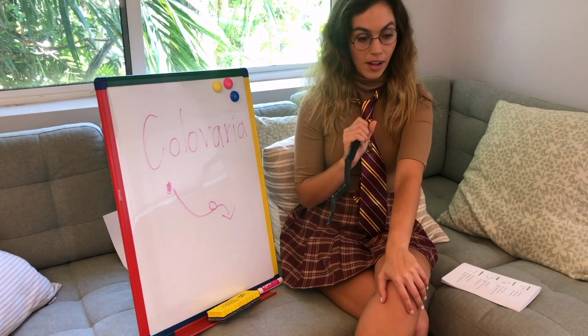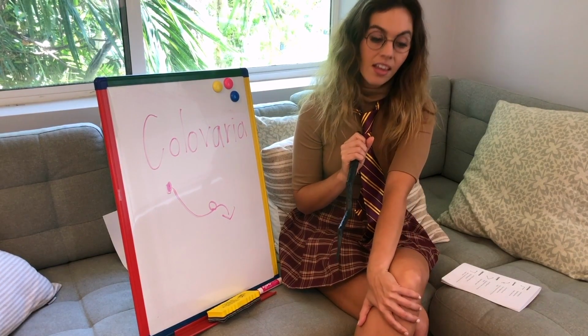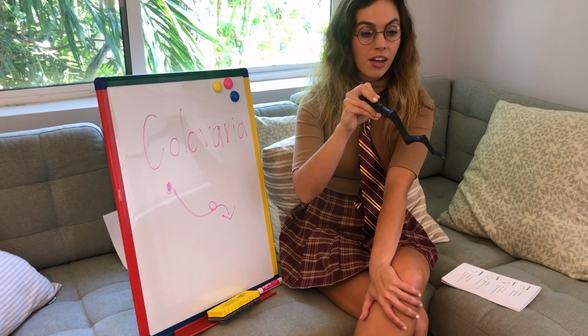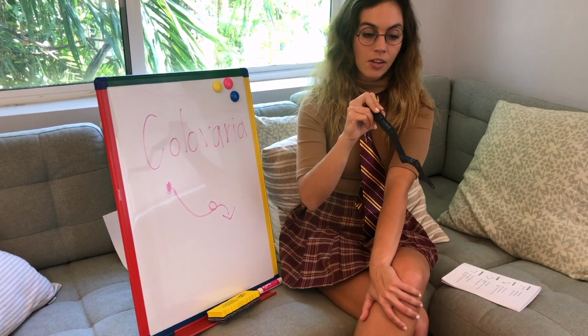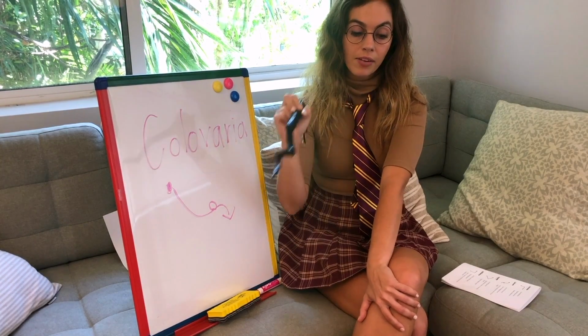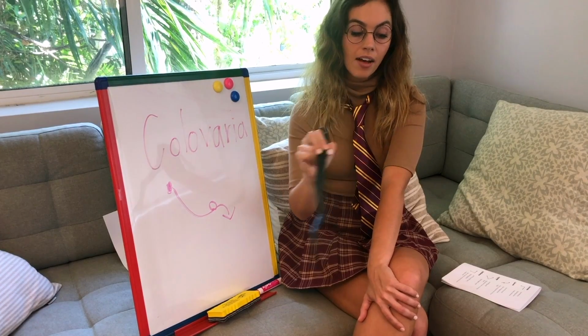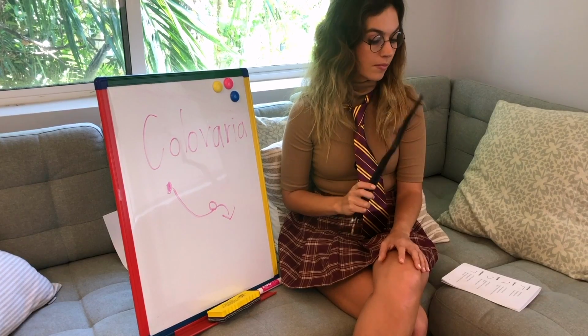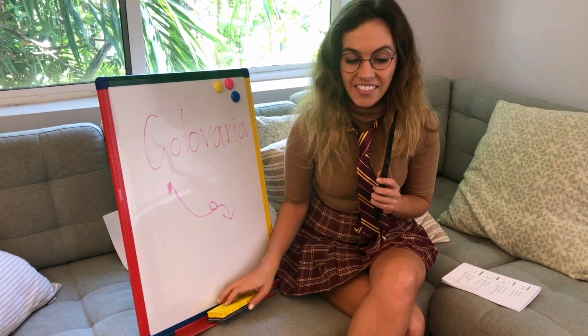If your incantation isn't good, you will not get it. So go ahead and try it. Change it to whatever color your intention is. Go ahead. Colovaria. Okay, got a few more.